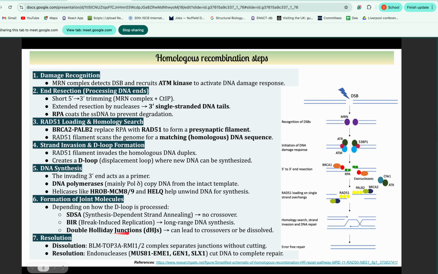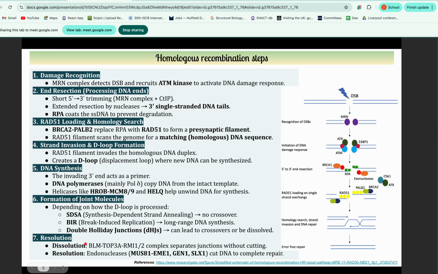And the third one is the double Holliday junction, which can lead to crossovers, or it can also form non crossovers. So in the later slides we'll see them one by one, but this means how your joint molecule will appear, whether it will lead to crossing over or non crossover. So these are the structural representations, how they appear and what the outcome will be.